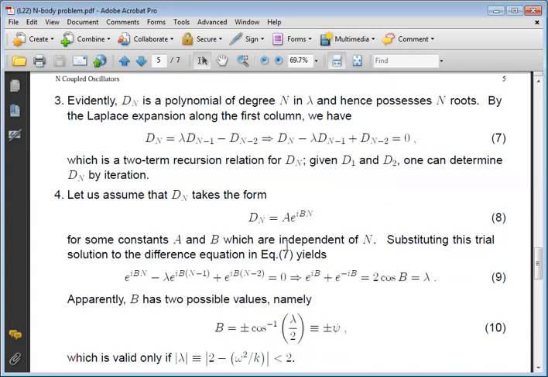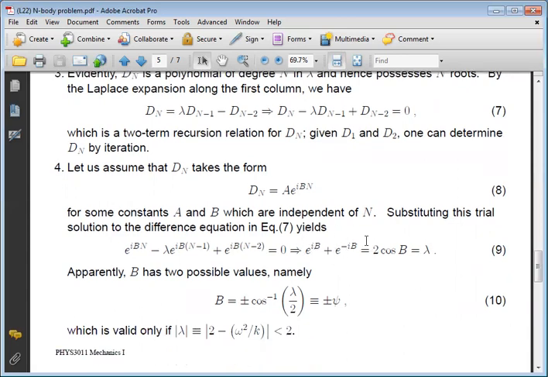So we substitute this Dn into the expression in equation 7. Then we get very nice results. We have e to the power ib plus e to the power minus ib equal to lambda. That means combining this term and this term, we have lambda.